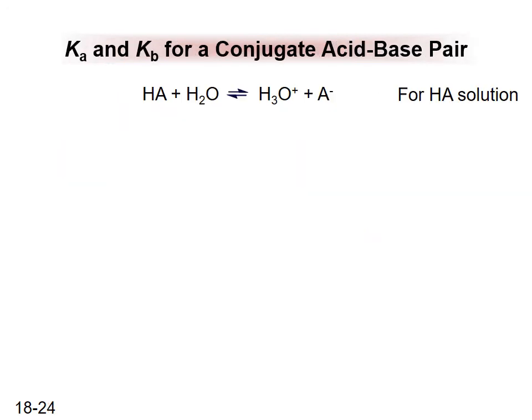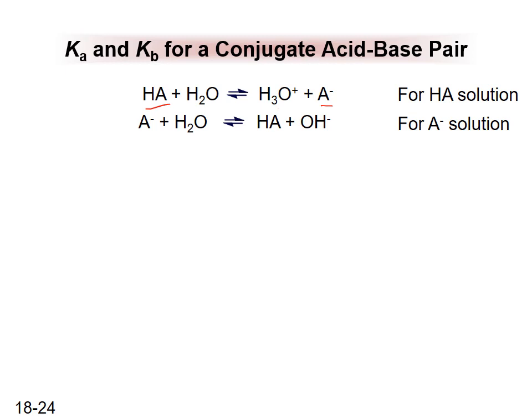Here again we show the weak acid dissociation reaction in water. So the weak acid plus water forms hydronium ion plus the conjugate base, or the anion. Now the anion in water also ionizes.